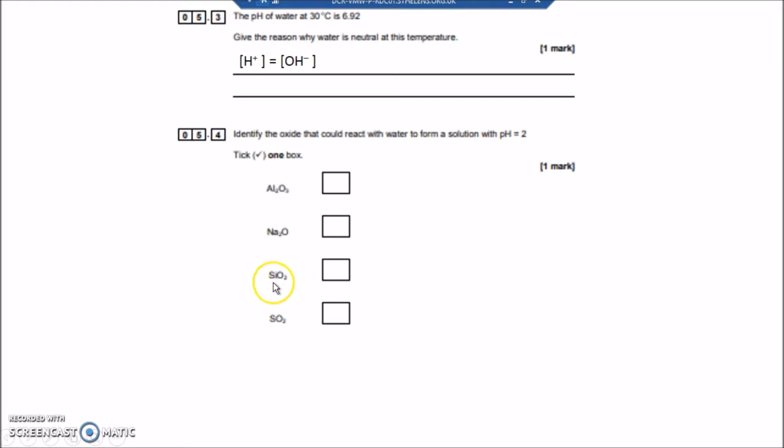We've actually got sand. Silicon dioxide is the main component of sand, so that's not even going to react with water. And then you've got sulfur dioxide. Sulfur dioxide, a non-metal in sulfur, that's going to be an acidic oxide, going to give something like pH 2. Reacts with water to form sulfurous acid, H2SO3.